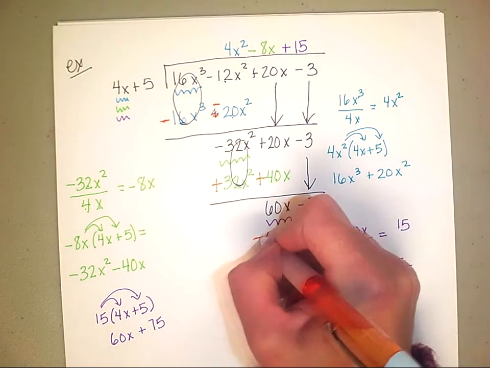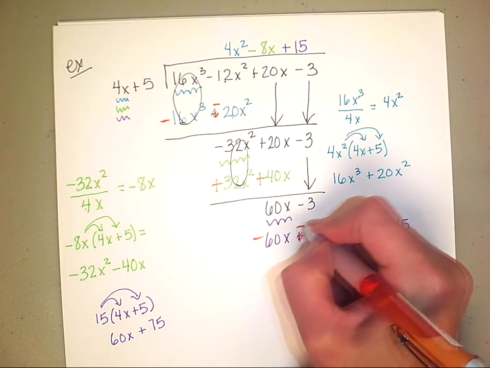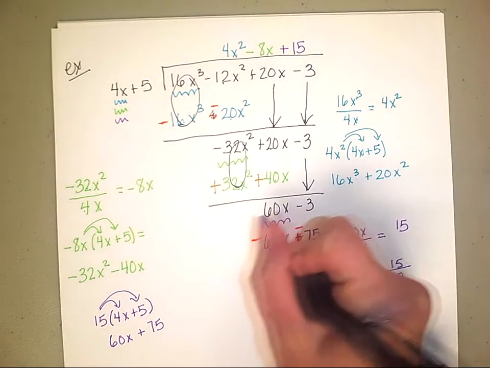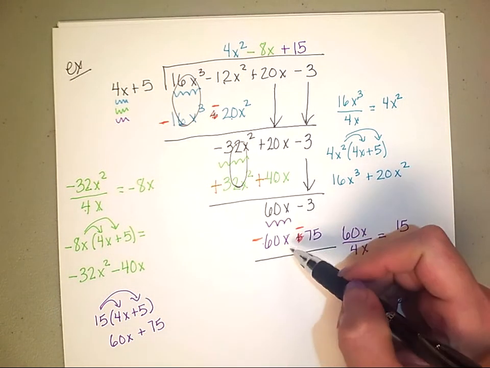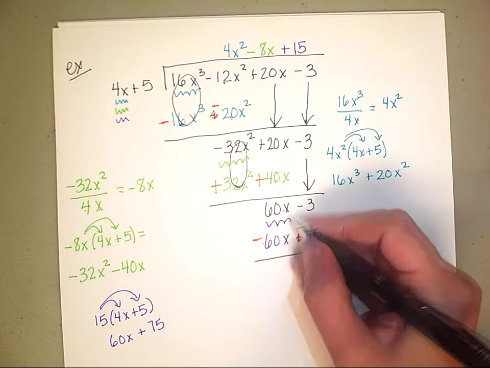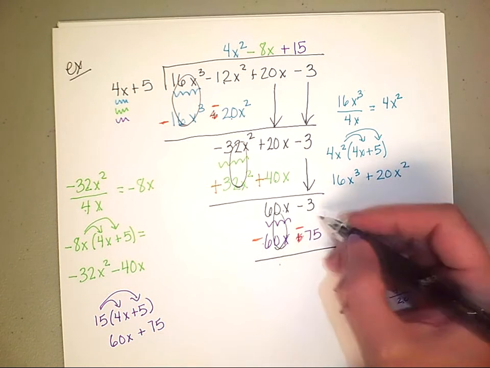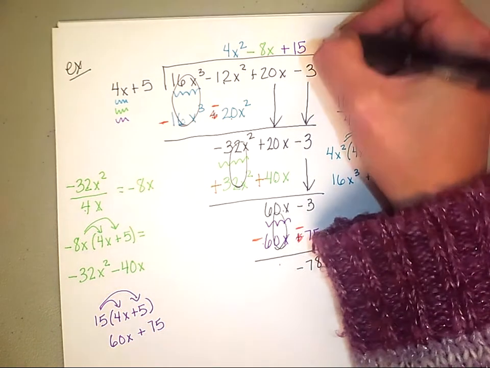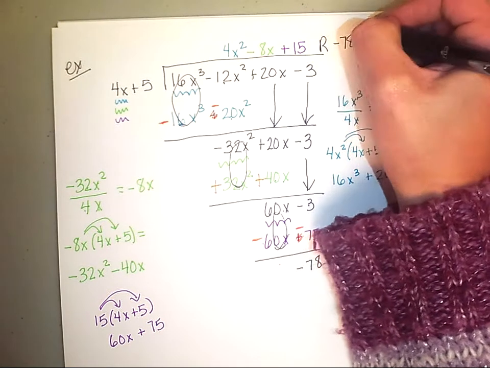But we have to change the sign since we're subtracting. And then 60x minus 60x is 0. And negative 3 minus 75 is negative 78. So this has a remainder of negative 78.